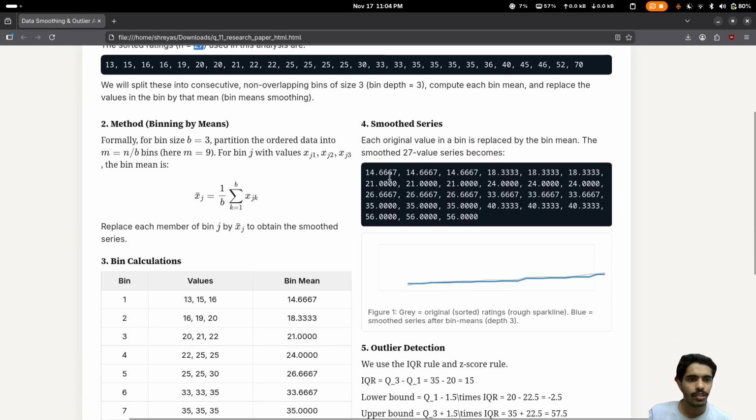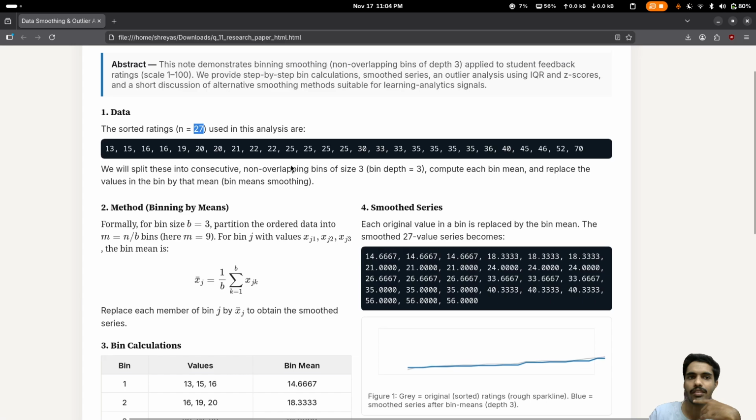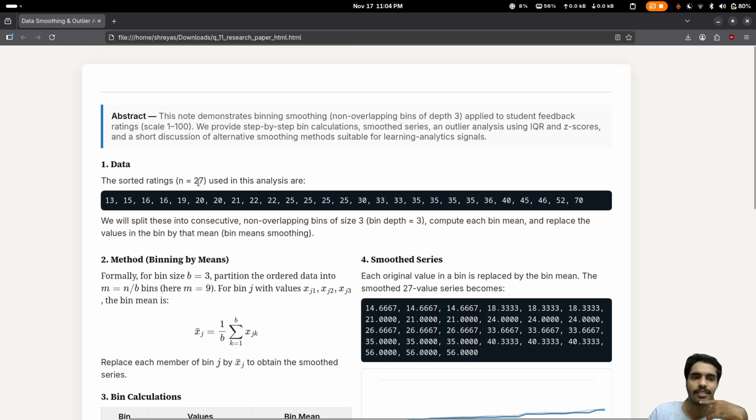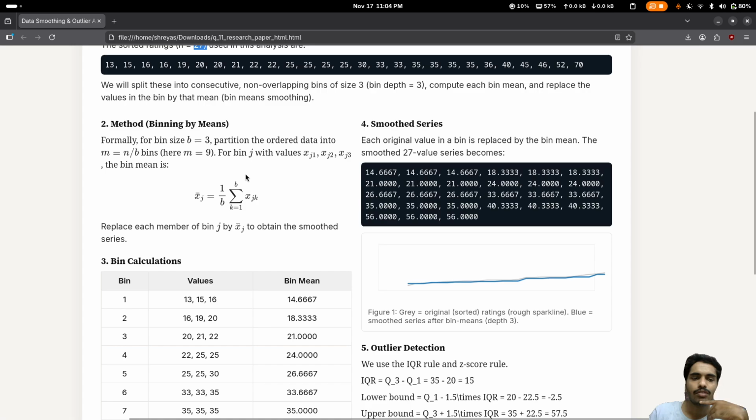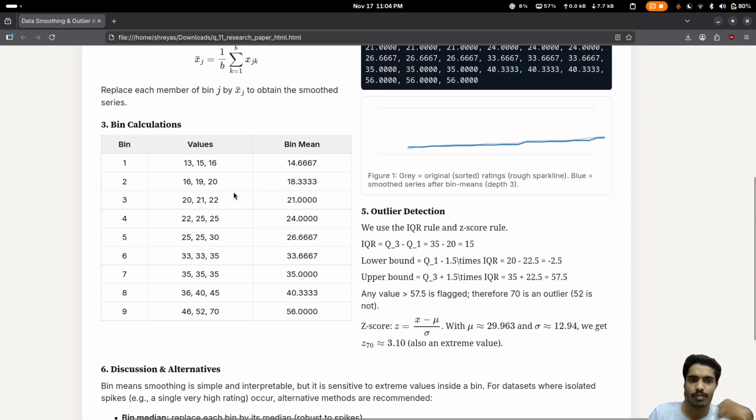In the sub-question, we are asked to use binning by mean to smooth the data. Here they have told us to take the depth as 3. So basically it means take groups of three values from this data set. There are 27 data points, so we'll have 9 bins.